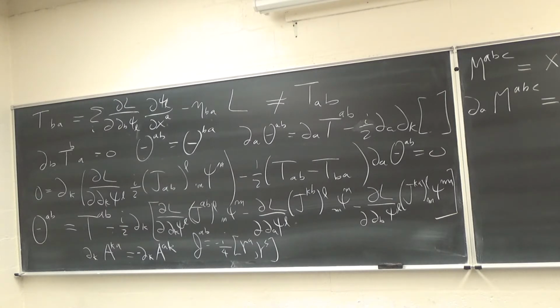Wait, I want this to be 0. x_B theta_BC. Should it be like that? I must have screwed up here. The x_A theta_BC, since it's not symmetric. Of course, when the derivative hits these, we get the thing automatically vanishing.